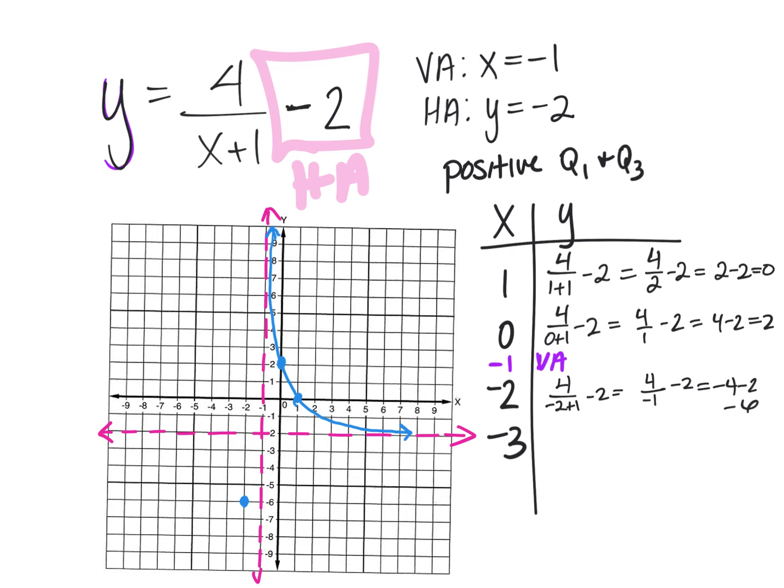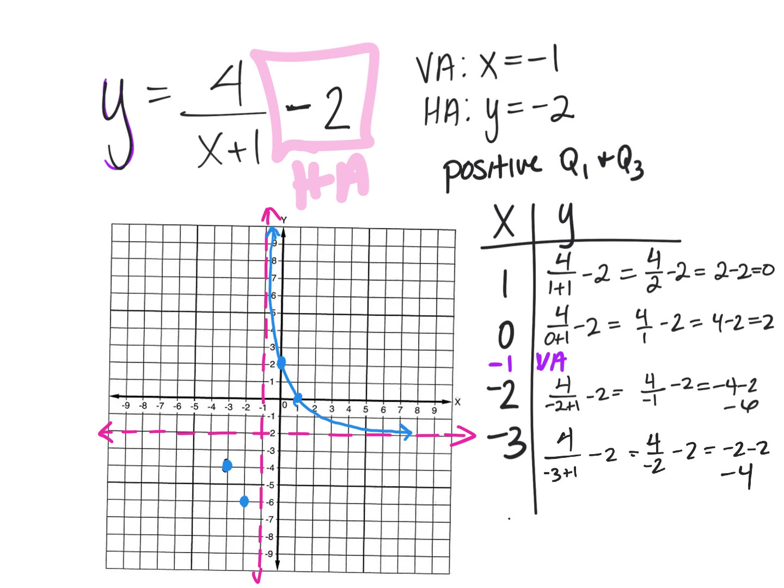And then the symmetry from the intersection of the asymptotes, right 2, up 2. I'm going to go left 2, down 2, and that puts me at negative 4. Did we get negative 4 when we plugged it in? Let's see, 4 over negative 3 plus 1 minus 2, 4 over negative 2 minus 2, negative 4.